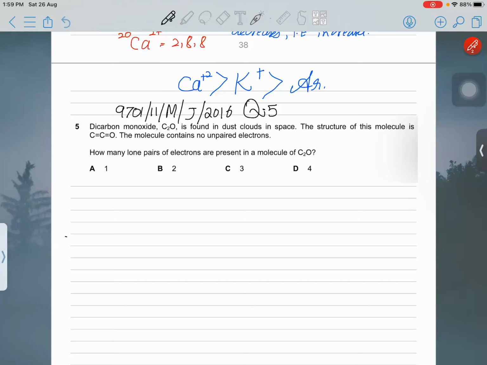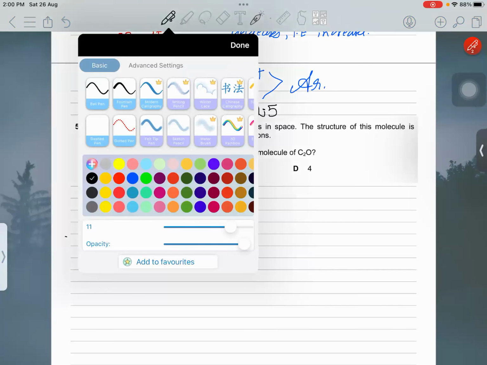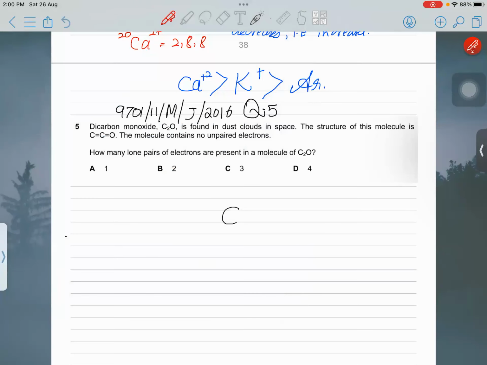So, sir, if they say dicarbonate, how many electrons are present in the molecule? Now, can you tell me the group number of carbon? Carbon is in group 14. So it has 4 electrons.